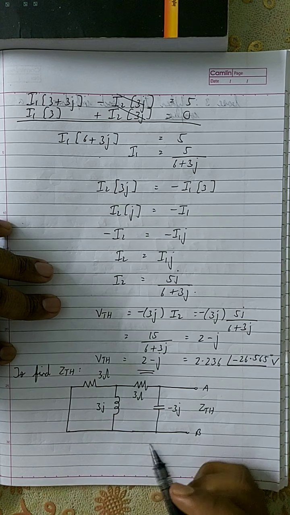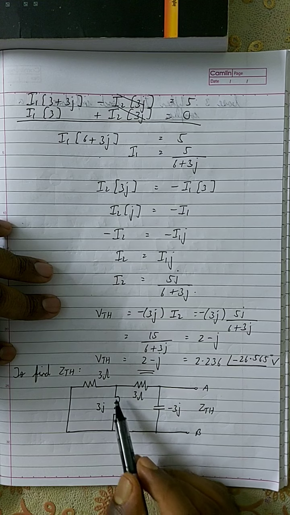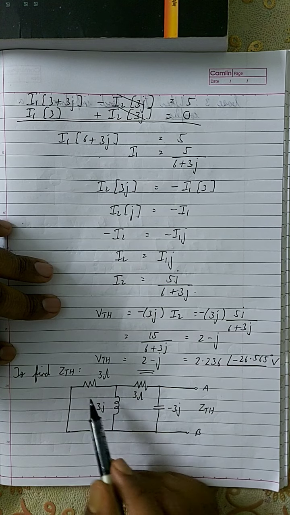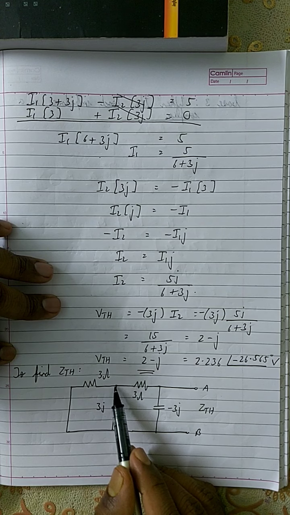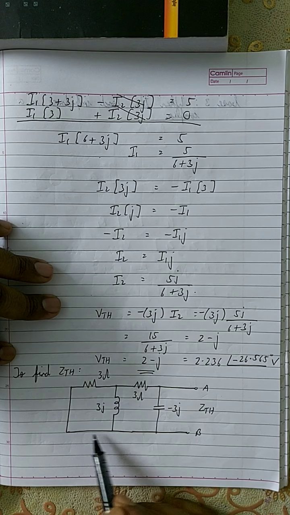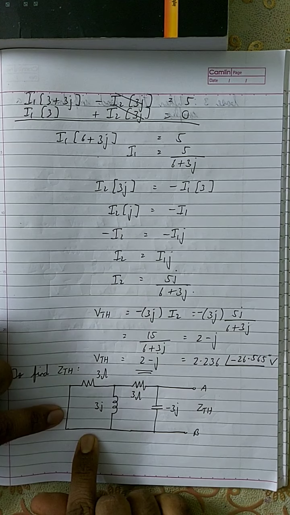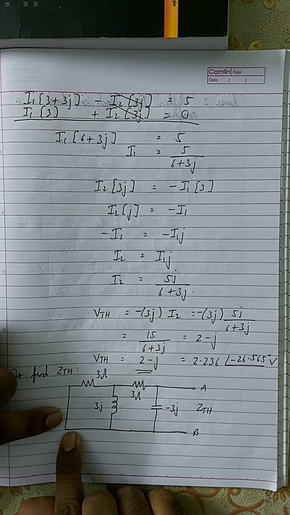One end of the resistor is connected over here and one end of the inductor is connected over here, which means both the resistor and the inductor have the same point at one end. Now look at the other end. The other end of the resistor is connected to the other end of the inductor, so the other ends also share the same point.